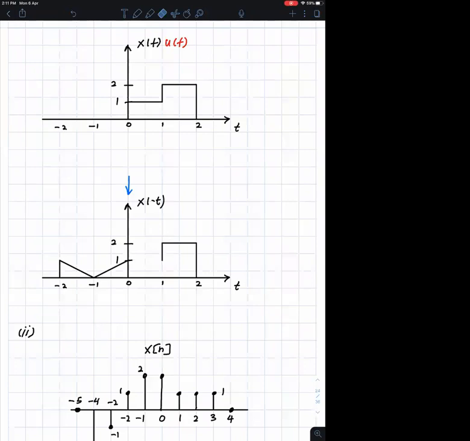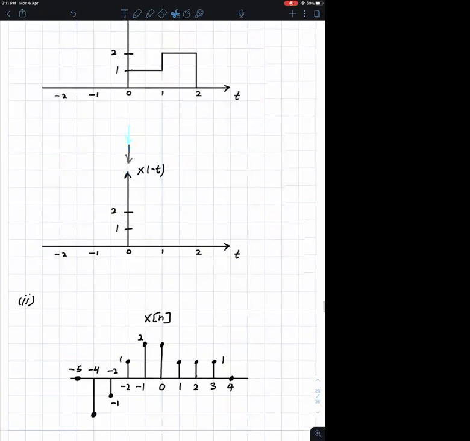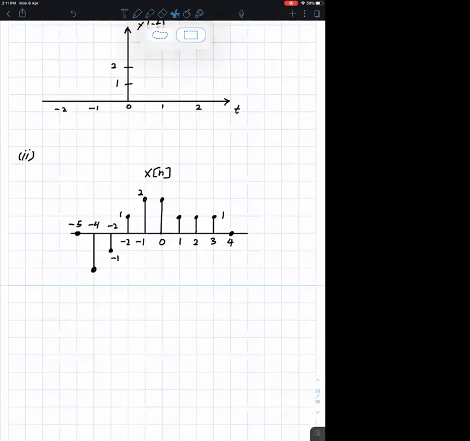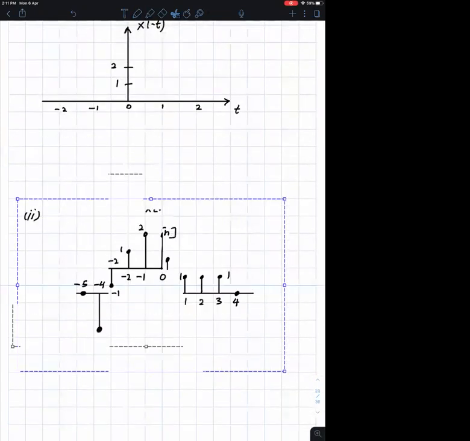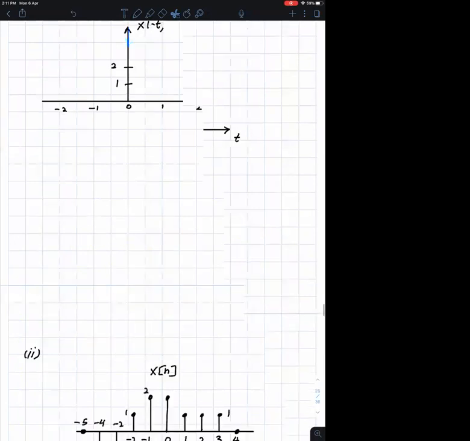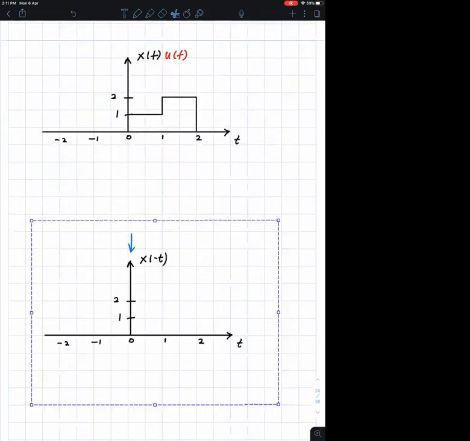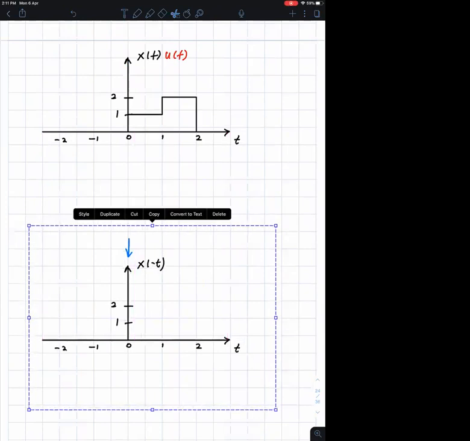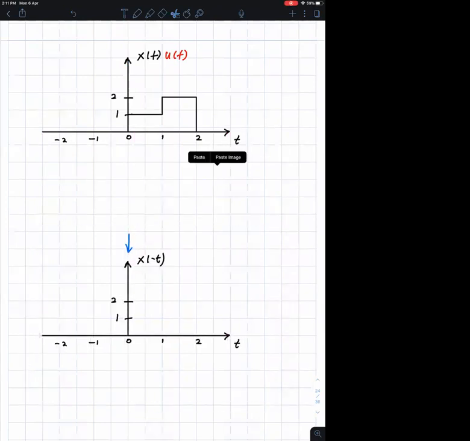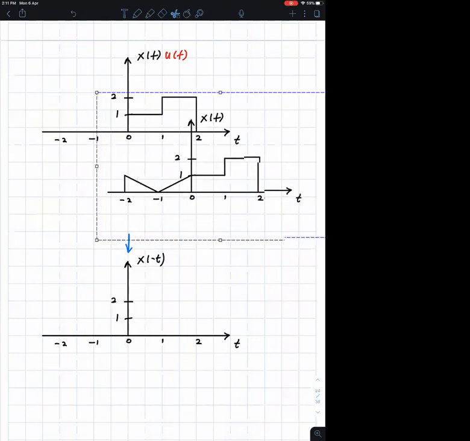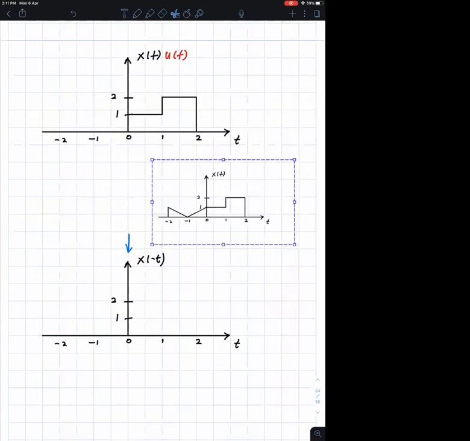For example, let me push this here. Keep the original signal in view.